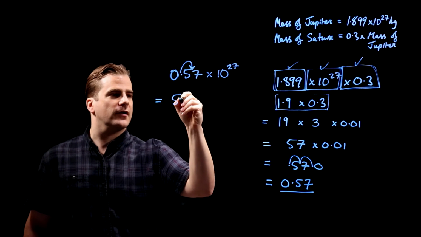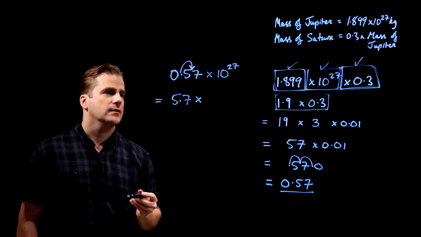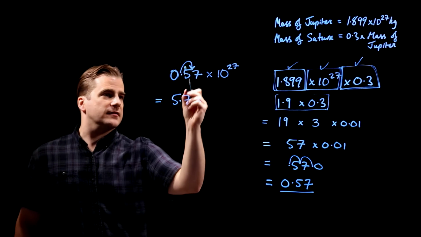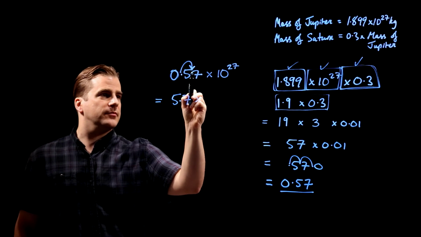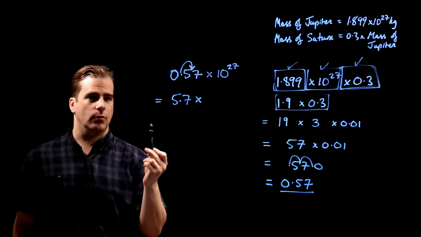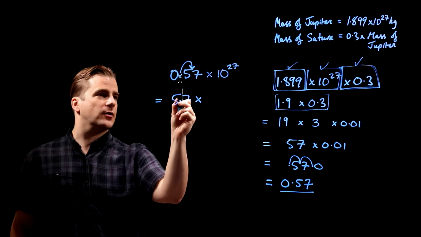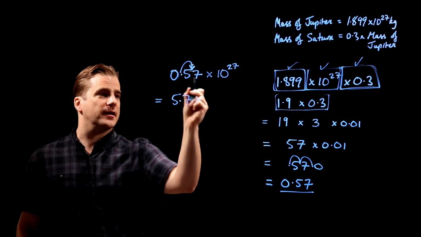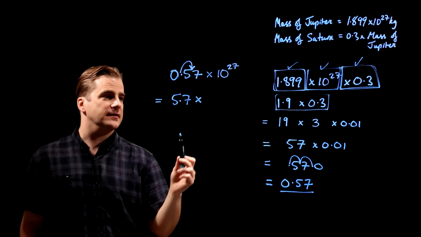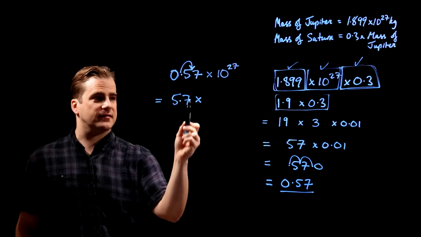Okay, so 5.7 times, well, here's our answer. We've moved the decimal point that direction one space, one unit. In other words, we've gone from 0.57 to 5.7. So we've multiplied this bit by 10, which means we have to divide this bit by 10, and then that would be the same as that.